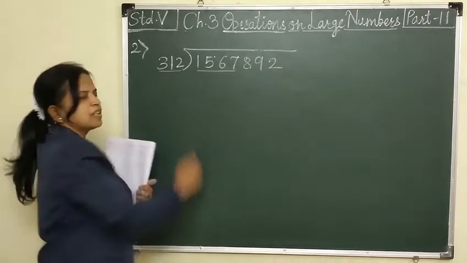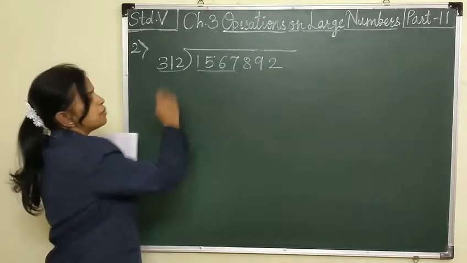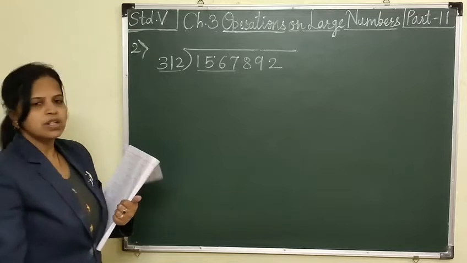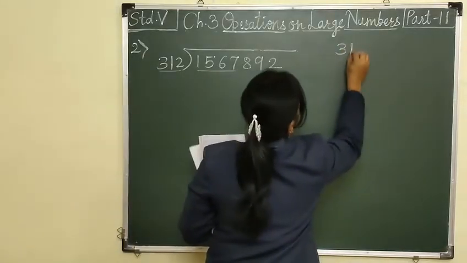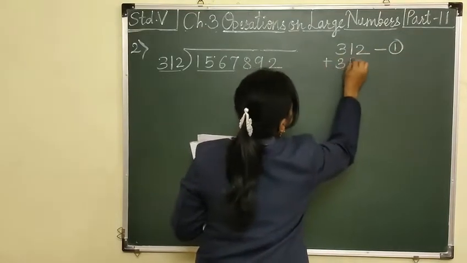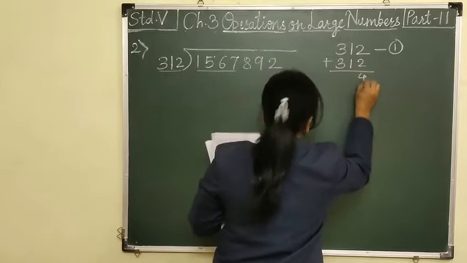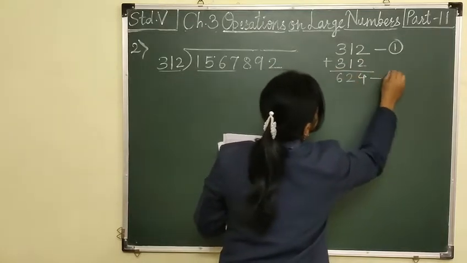Now we should prepare the table of 312 and then we should see which number we can subtract from this 1567. So I will prepare here 312's table. This is 1 za plus 312. This is 2s.